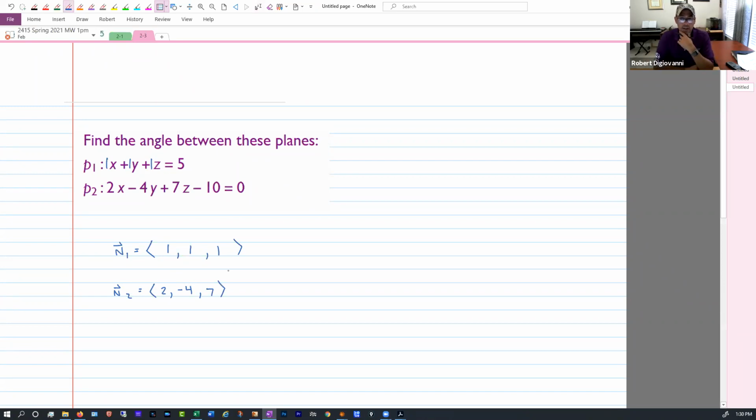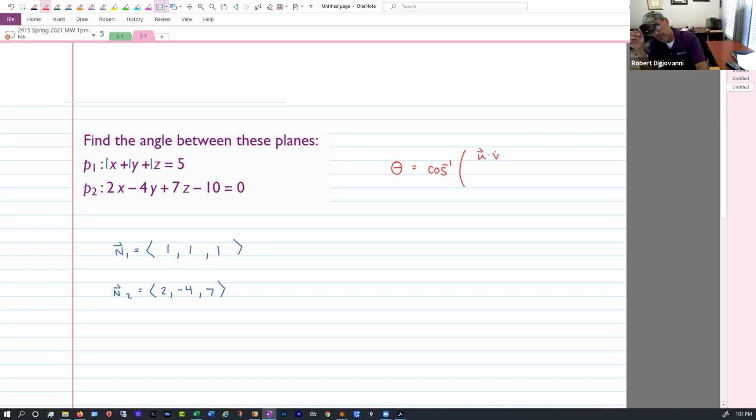Now, we need to find the angle between them. So, Benjamin, what is the formula that we're going to use for this? Did you happen to write it down? The arc cosine of u dot v over the magnitude of u and v.